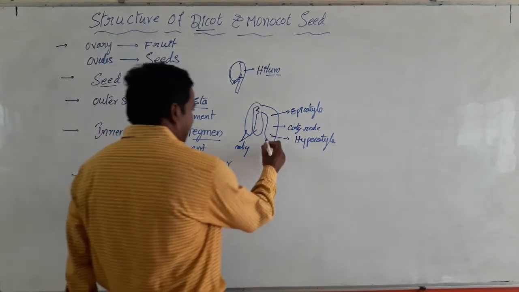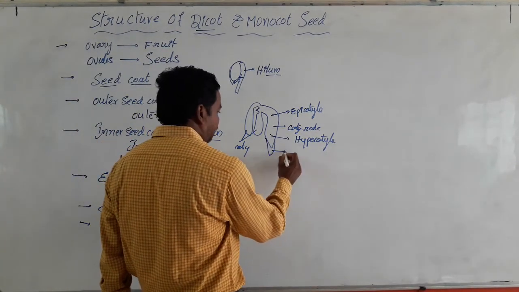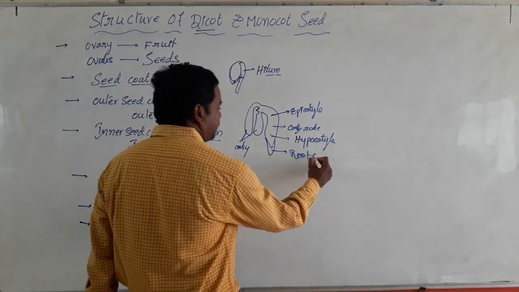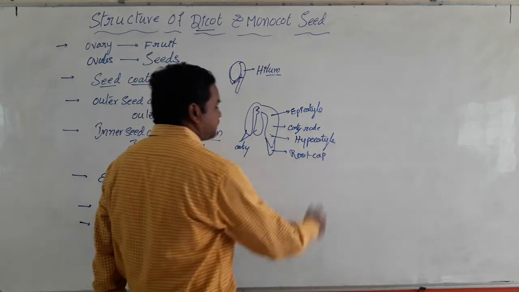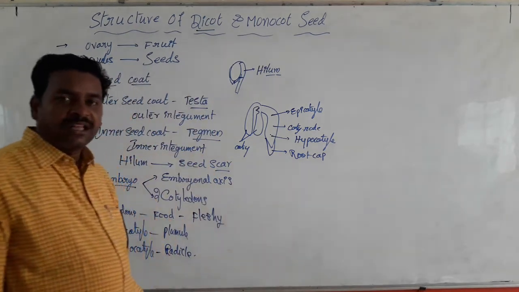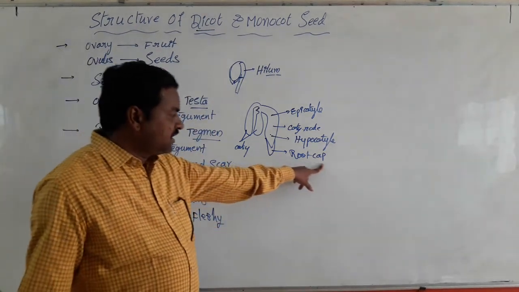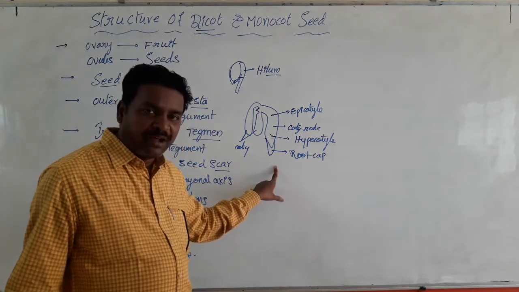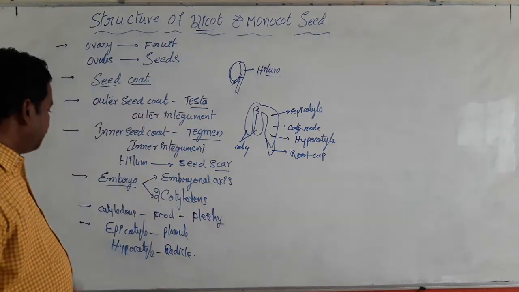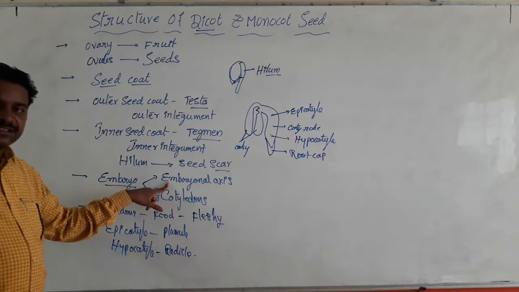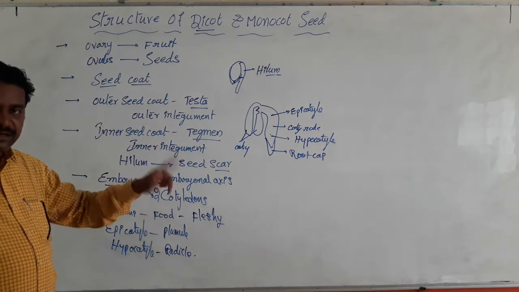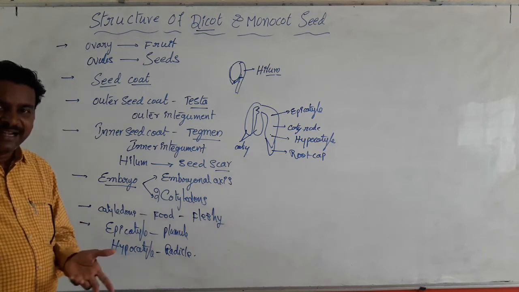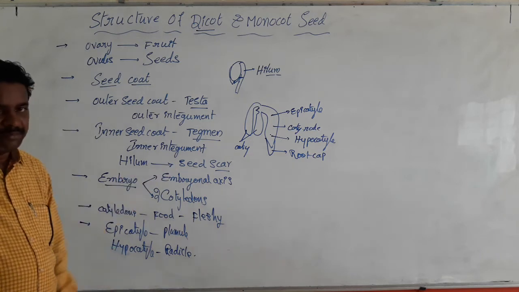This radicle is covered by a protecting sheath, which is called the root cap. In this way, the epicotyl terminates into the plumule, and the hypocotyl terminates into the radicle surrounded by the root cap.